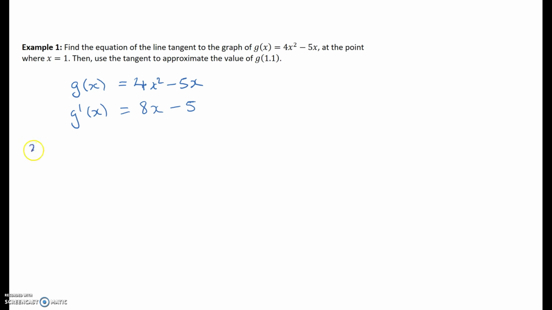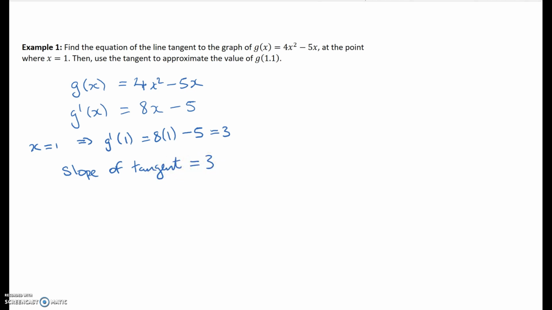So when x is 1, g prime of 1 is going to be equal to 8 times 1 minus 5, which is equal to 3. So the slope of our tangent is going to be equal to 3.